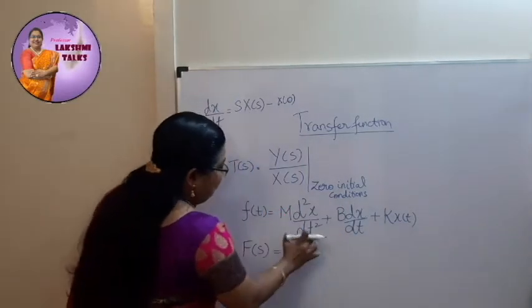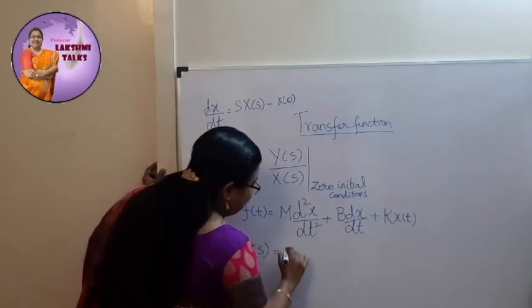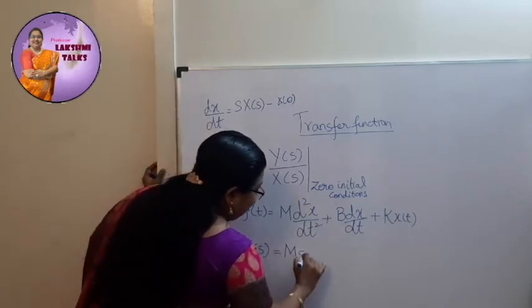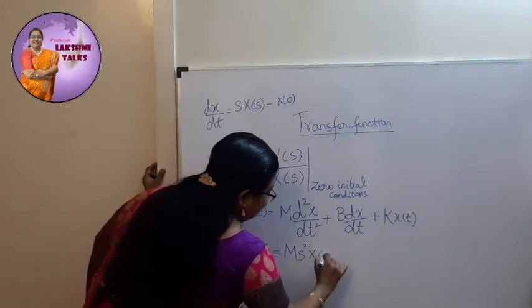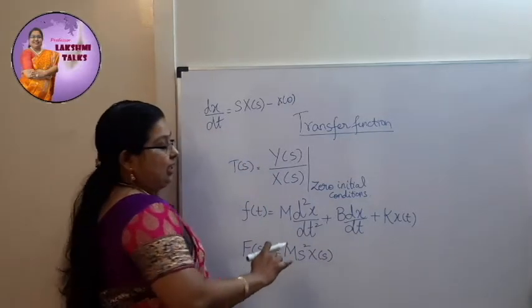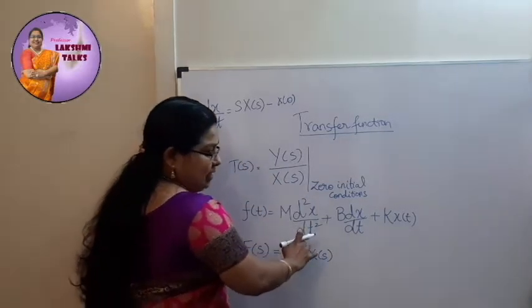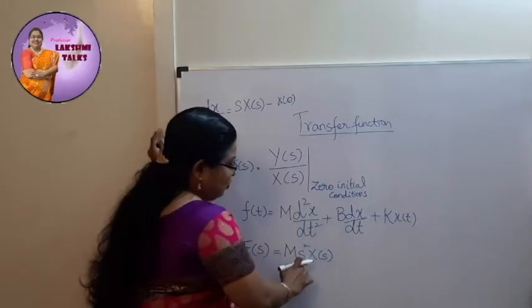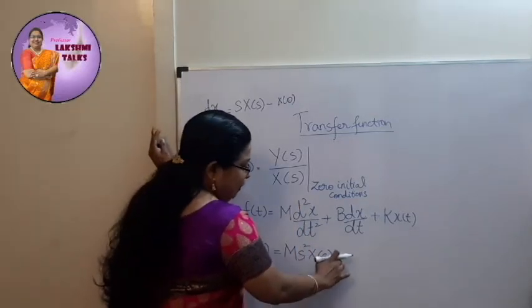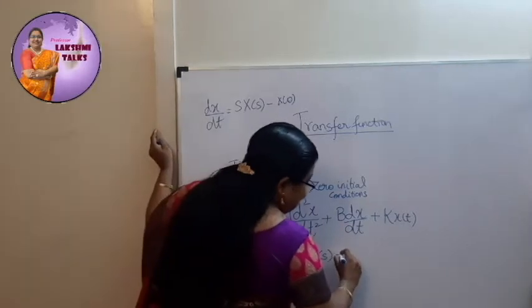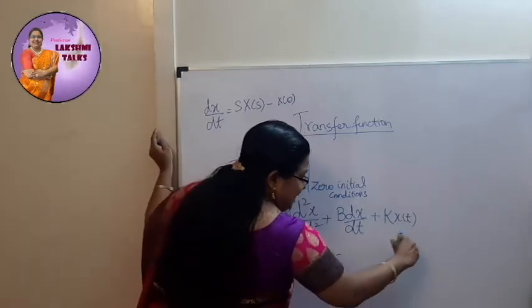So we need to write zero initial conditions. When you apply it to this equation, what happens? It is m s square X of s, but actually the second derivative d square x by dt square is s square X of s minus s x of 0 minus x dot of 0.